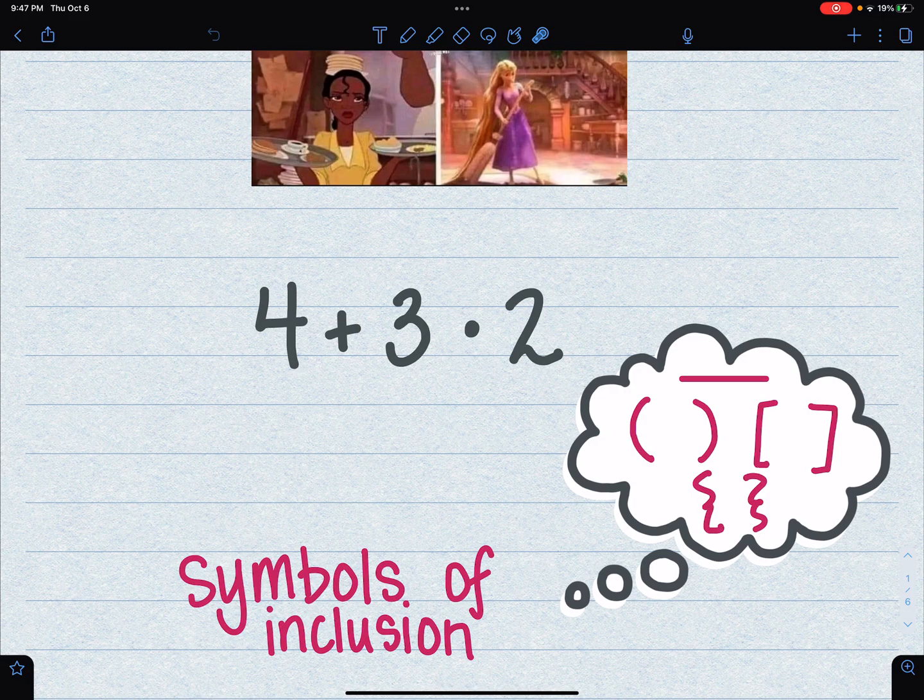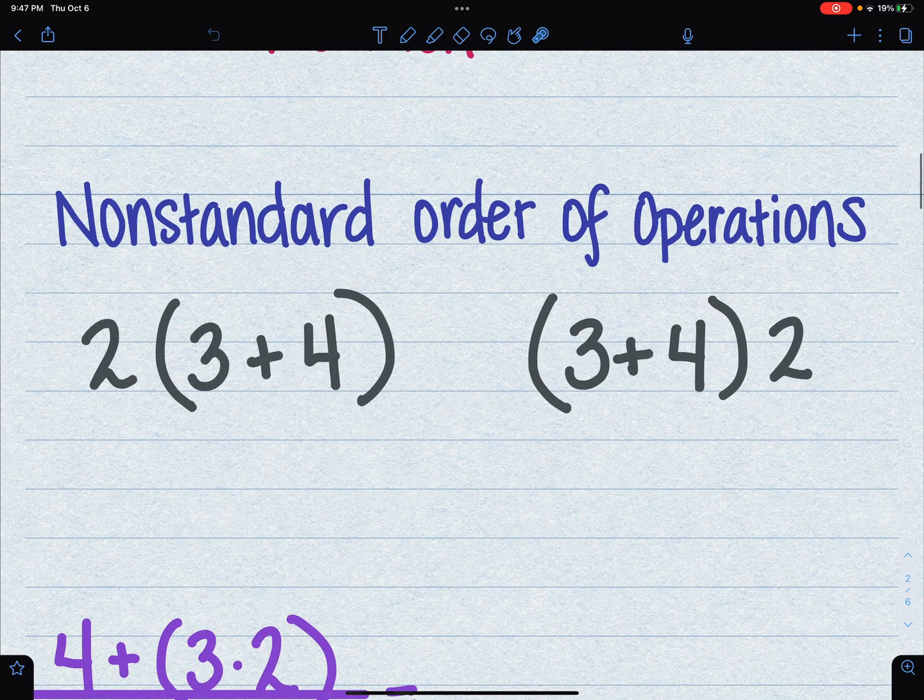to do. Sometimes they include parentheses because they want you to do something first. So if there's a problem like this and they want you to actually do the addition first, you have to have parentheses around it, because otherwise you would just do this multiplication problem first. But they don't want you to do that, right?